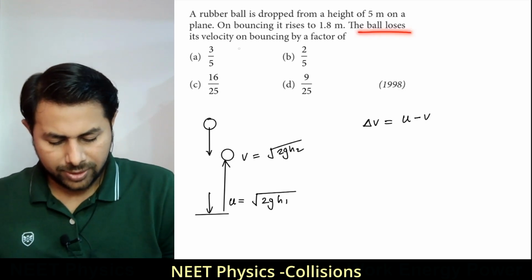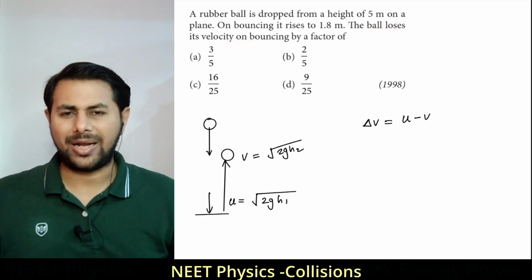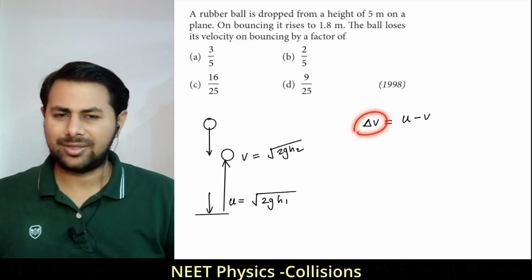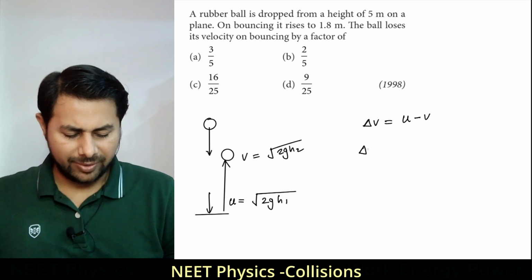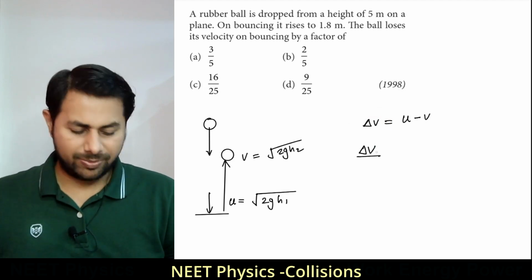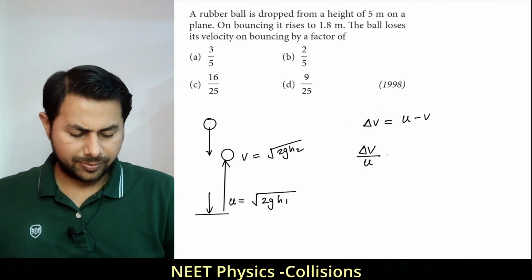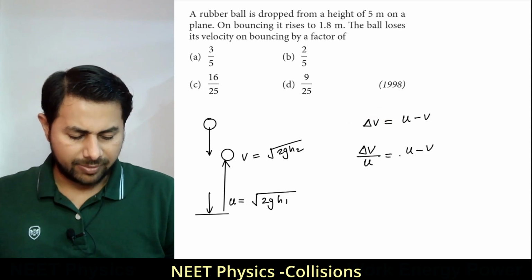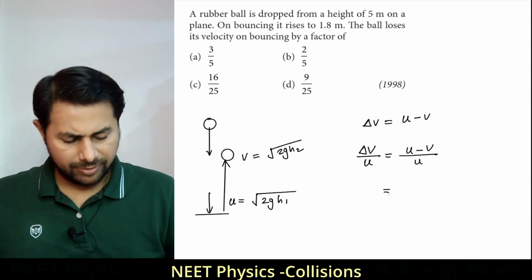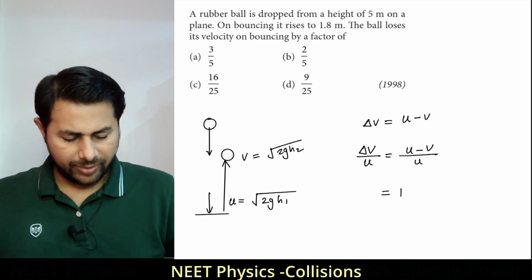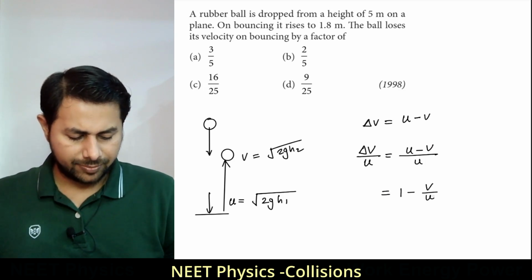You need to find delta v divided by the initial speed, which is u. So u minus v divided by u. If we divide this, we'll get 1 minus v by u.